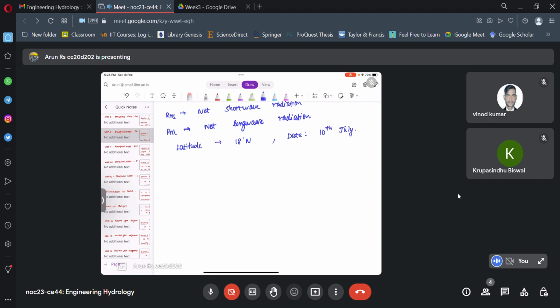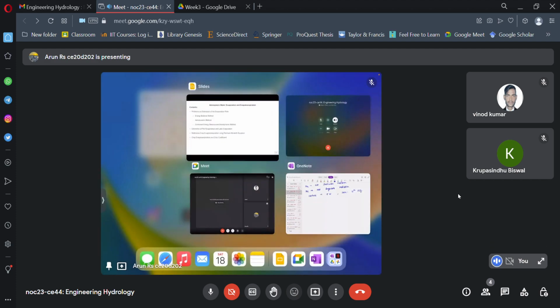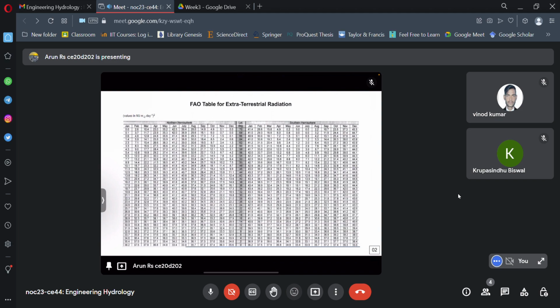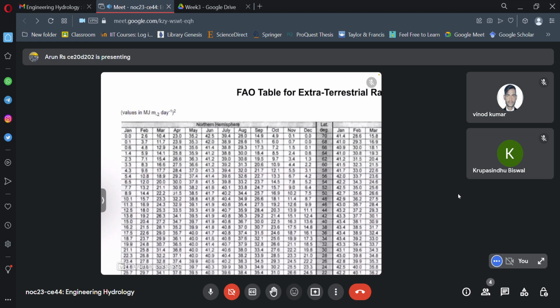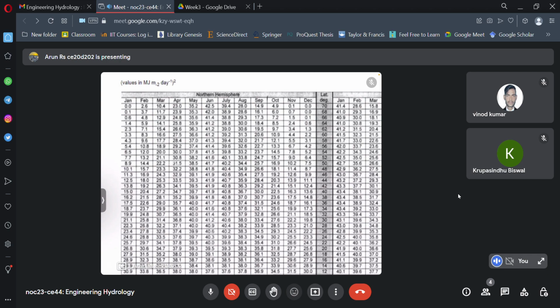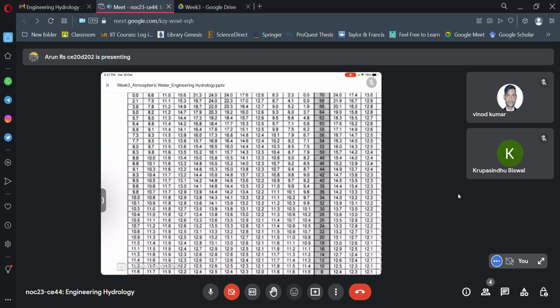So depending on the month and the latitude, we have two tables from which we will get some information. The first is called the FAO table for extraterrestrial radiation. In the middle you have the latitude information, with the northern hemisphere on one side and the southern hemisphere on the right-hand side. We are in the northern hemisphere, so we'll see only that.